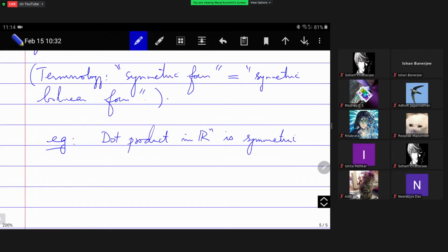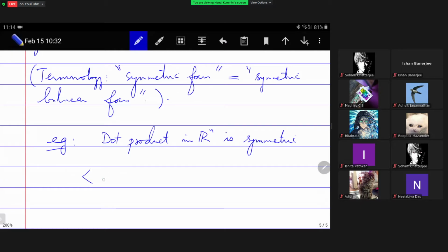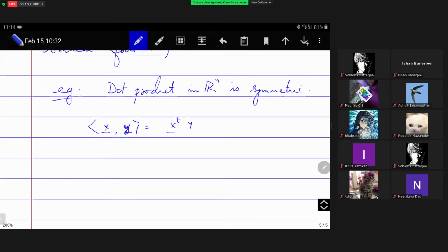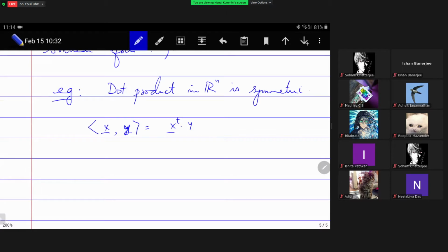Remember, the dot product is this thing: if you have a vector x and a vector y, this is just x transpose y. This is a bilinear map, and this is symmetric.